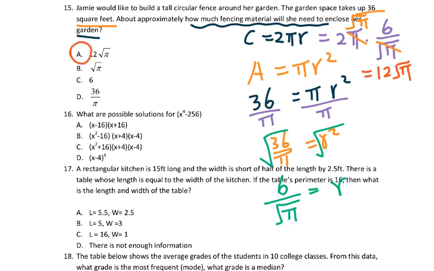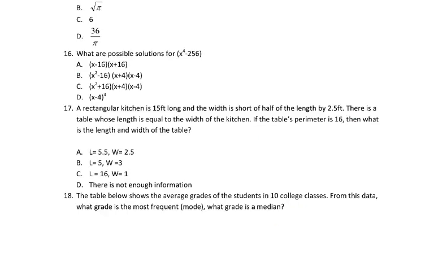Answer is A. For number 16, x to the 4th power minus 256. 256 is 16 squared. Therefore, we use a squared minus b squared equals a plus b times a minus b.